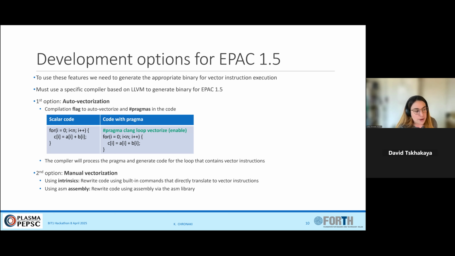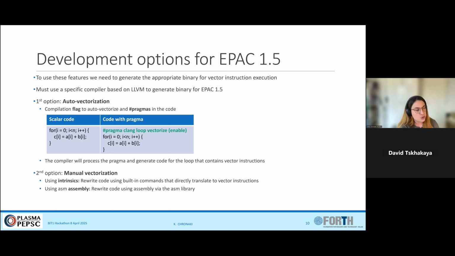So there is a compiler implemented based on LLVM that generates binary for the EPAC 1.5. And this compiler supports either auto-vectorization, or we can also use manual vectorization with this compiler.